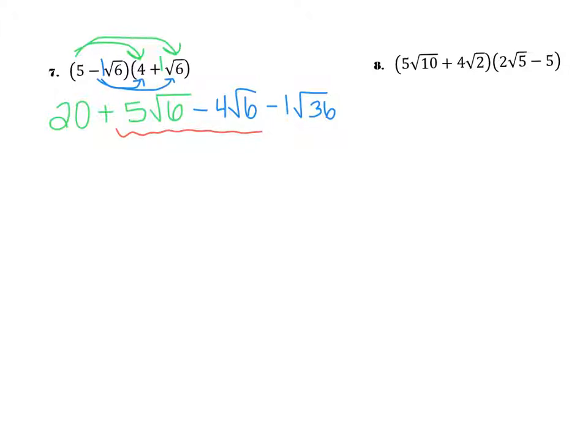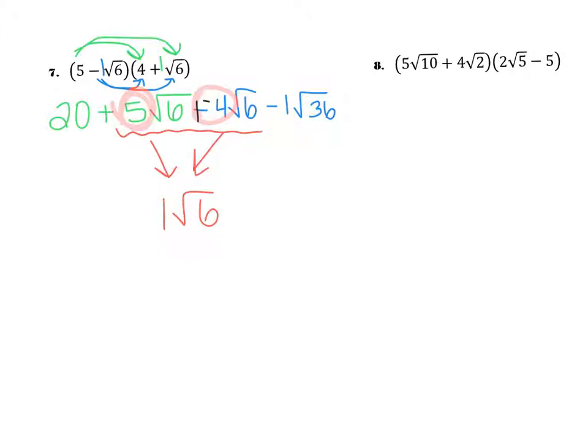And remember, when we want to add or subtract like radicals, you take the coefficients, and in this case I'm going to change that to a negative 4, so I remember. So I'm going to add the 5 and the negative 4 here. So that's going to be a positive 1. Okay, so these two are adding together for a positive 1 square root 6. So I have some like radicals that I can add together.